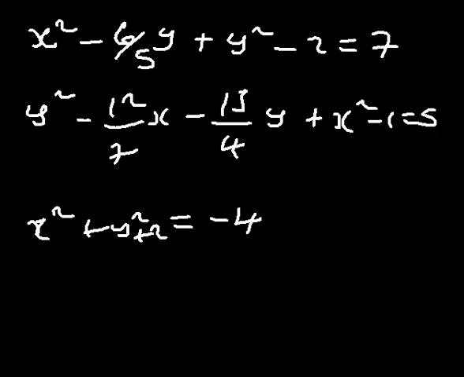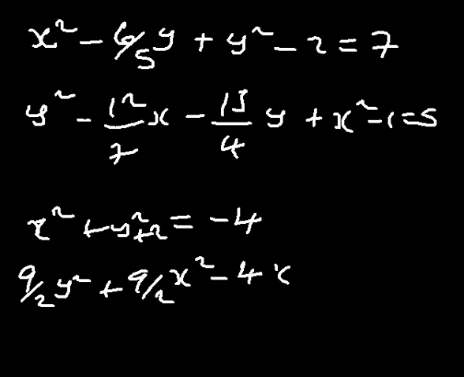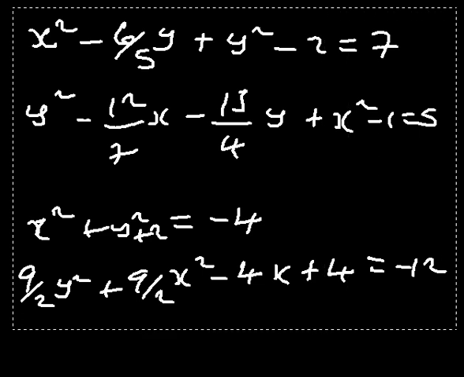Let's say we have 9 over 2 y squared plus 9 over 2 x squared minus, let's say 4x, plus 4, which is equal to negative 12. So what is the center as well as the radius of that shape? So try that one out.